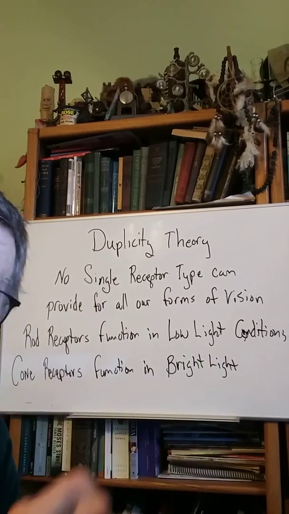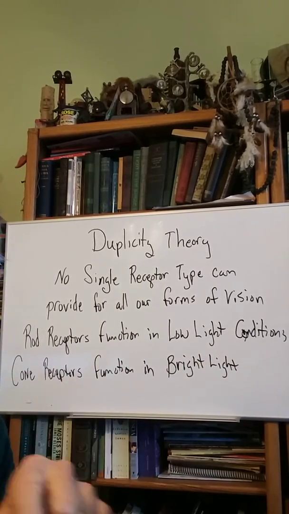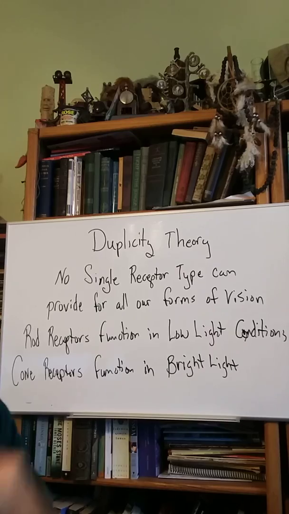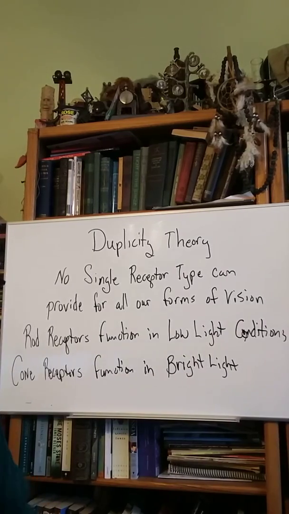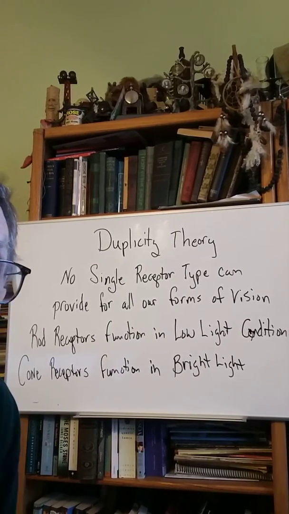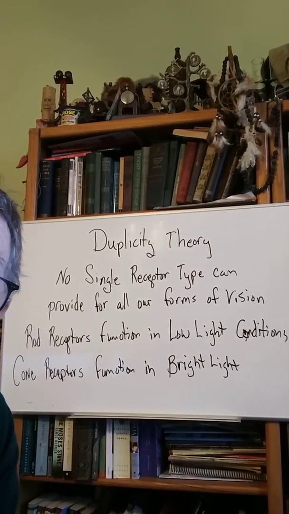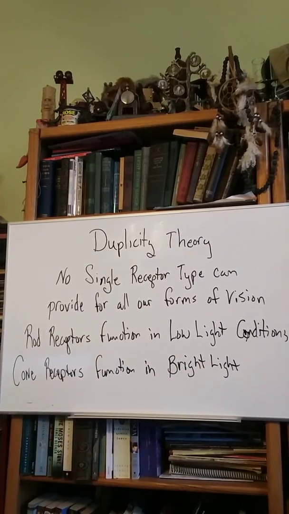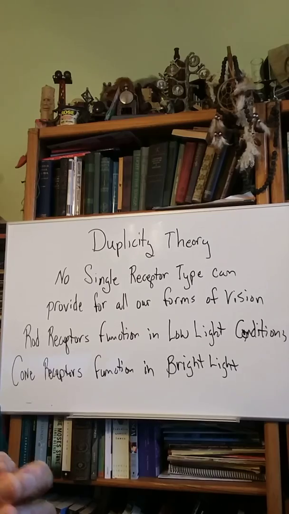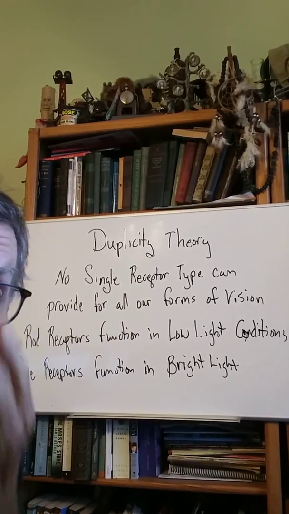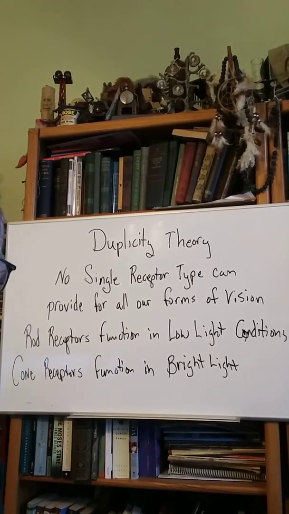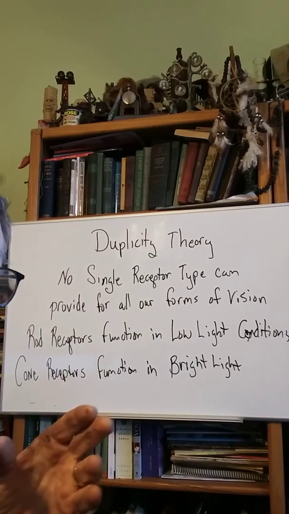Now, when we're in bright light, the cone cells take over. The cone cells require more light, so they don't function in dark conditions. But if you have a lot of light, you can see very clearly, because each one of them has its own bipolar neuron, so you have a very clear, crisp picture.